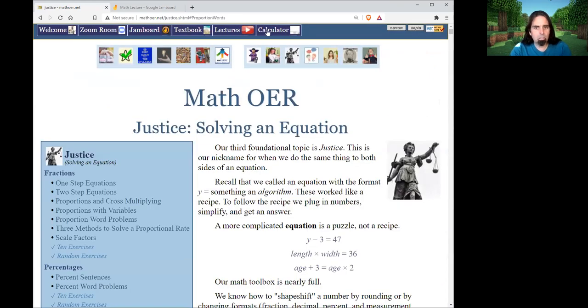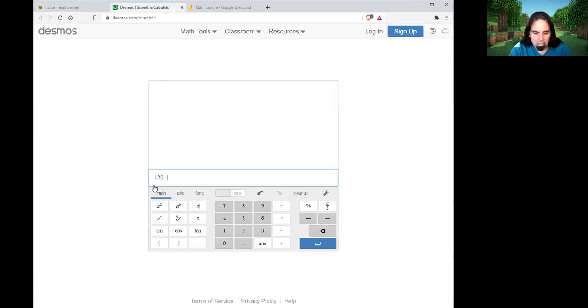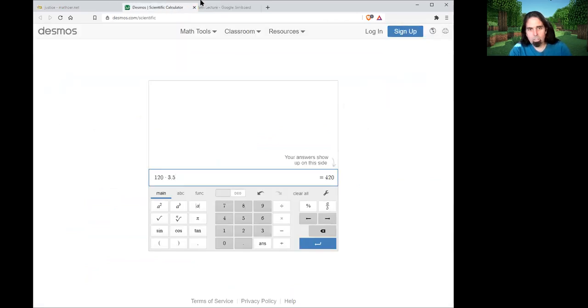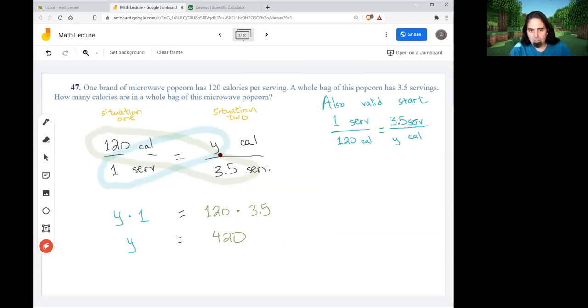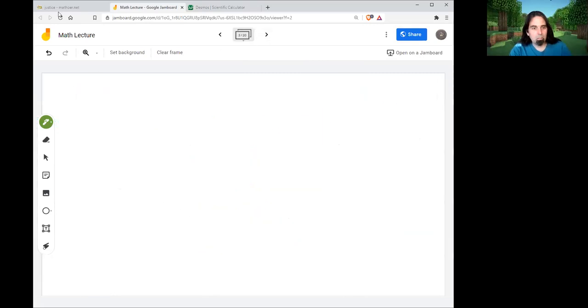Open up my calculator because I'm tired. I've been at Zoom all day. So 420. There we are. And I'm not quite done because this is a word problem. So I need to label my answer. What am I doing? Calories. So far, so good. Okay, let's do a whole lot of these.